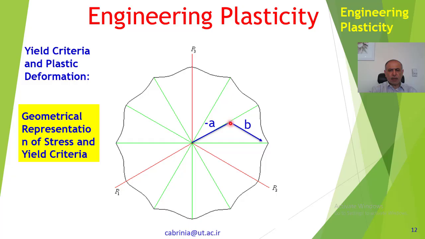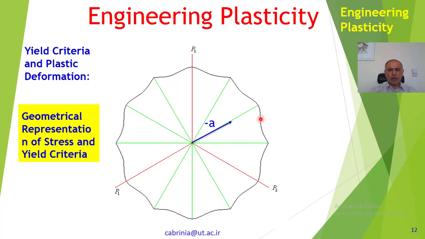And supposing that the component of stress for sigma 2, this is parallel to that, is B, and supposing the component of sigma 3 is C, plus C because it's in the positive direction, plus B because it's in the positive direction, and as you can see, C reaches the surface. It means that the material yields. I have chosen the values so that when we add up these stresses, we reach the yield surface.